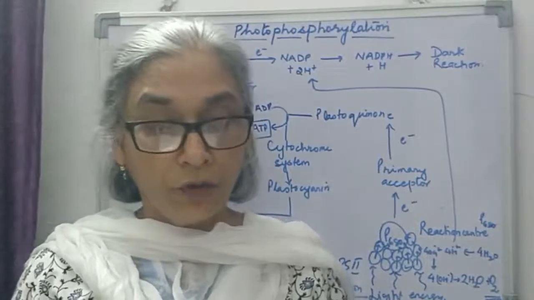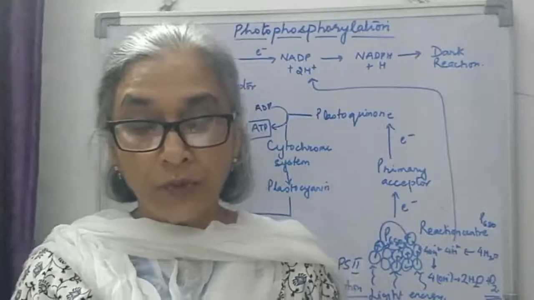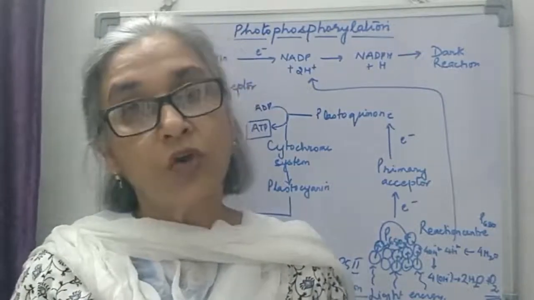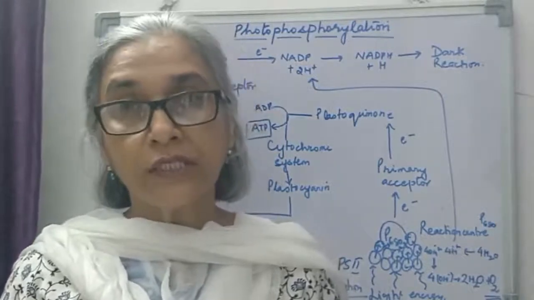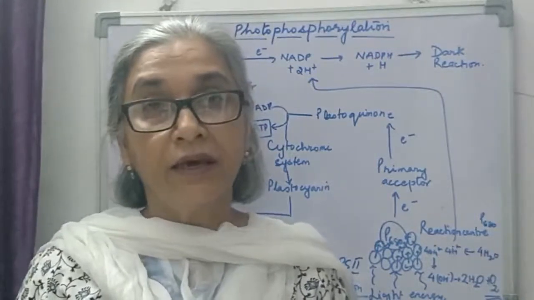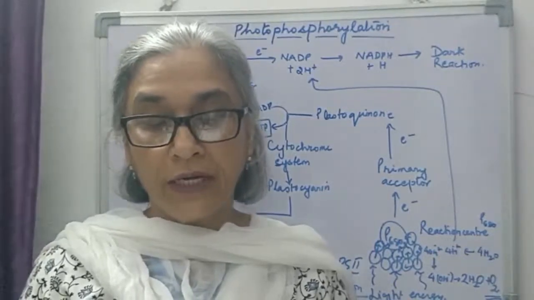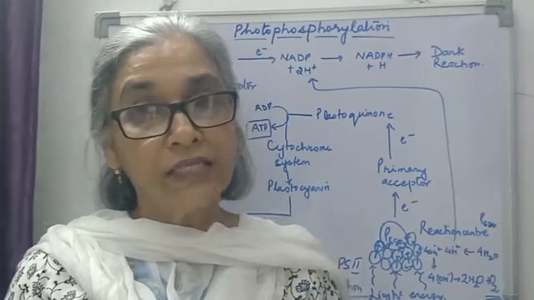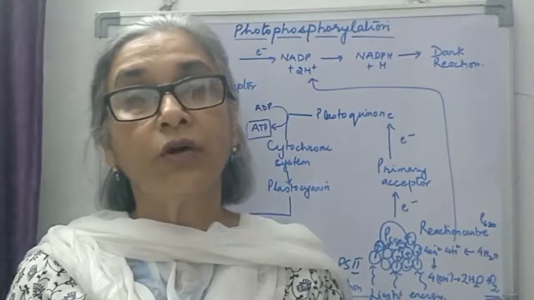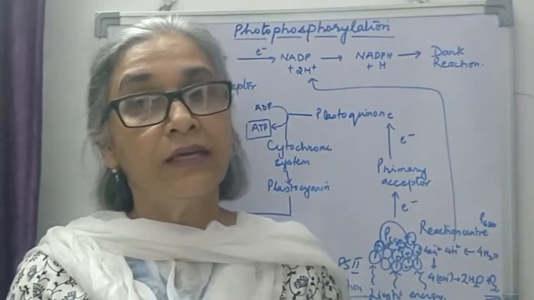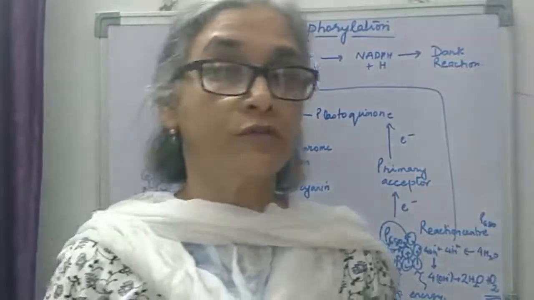When photophosphorylation involving non-cyclic electron transport system takes place, it is called non-cyclic photophosphorylation. Here the two photosystems work in a series: first photosystem 2 and then photosystem 1. Since the two systems work together and the flow of electron is not cyclic, we call it non-cyclic photophosphorylation.